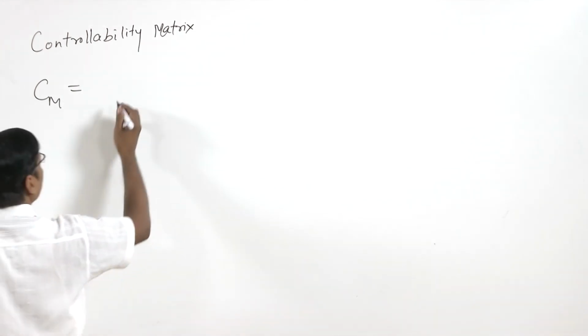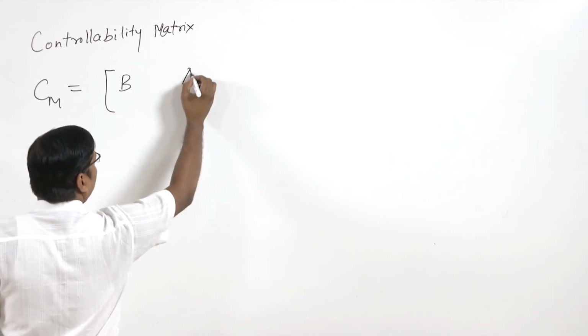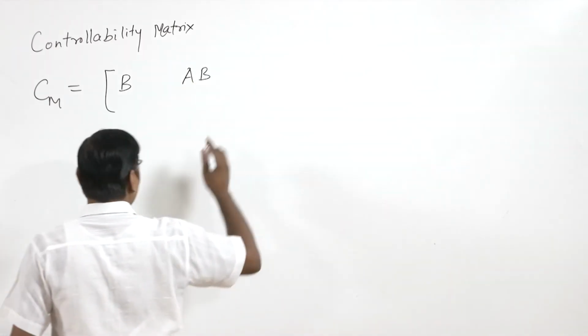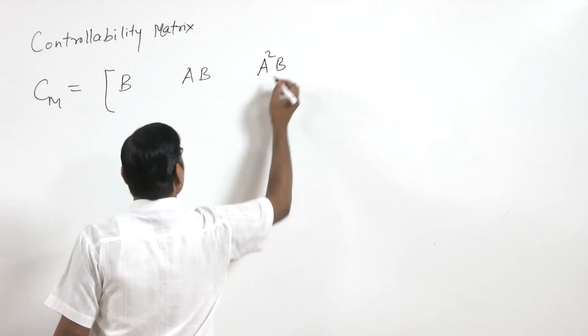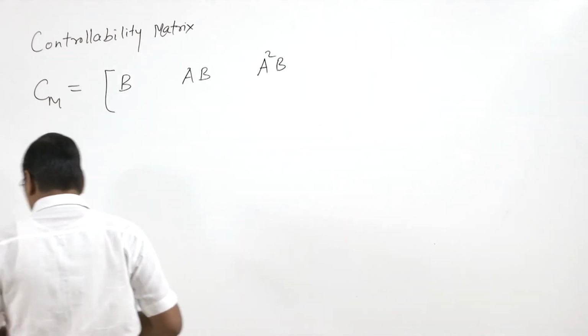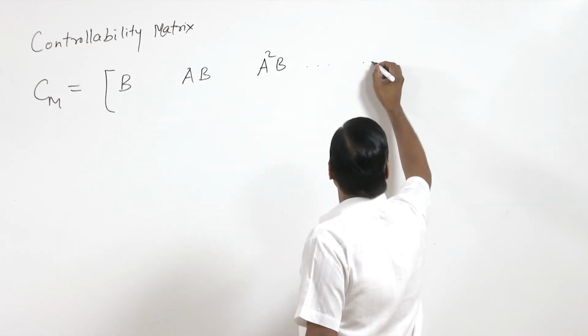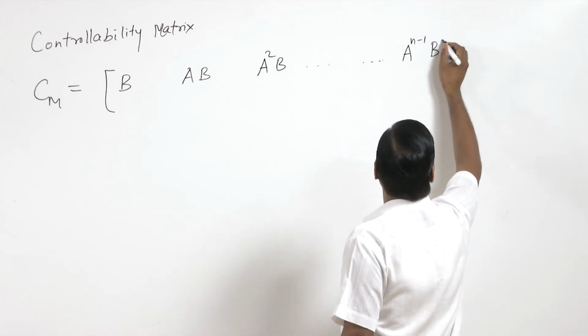CM equals [B, AB, A squared B, up to A to the n minus 1 B].